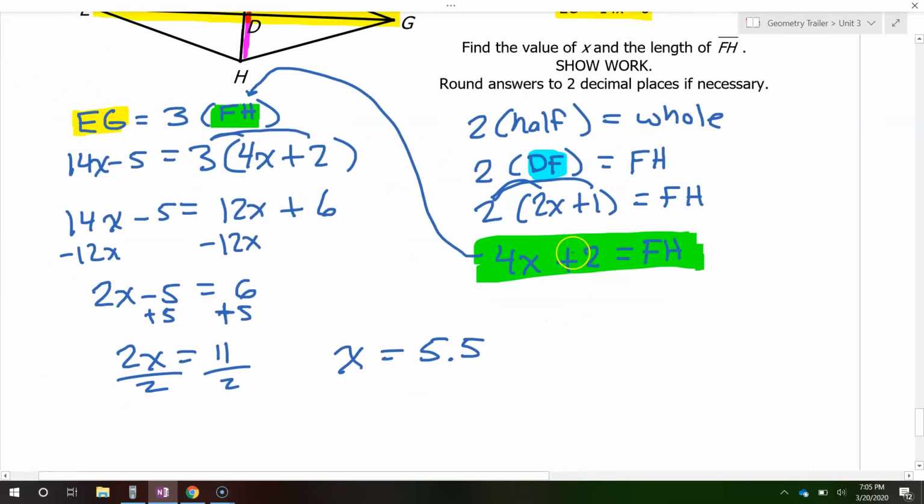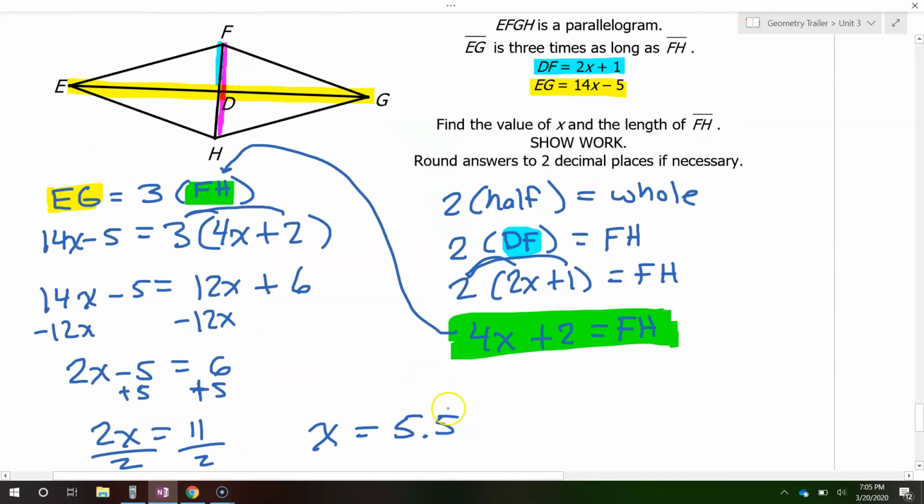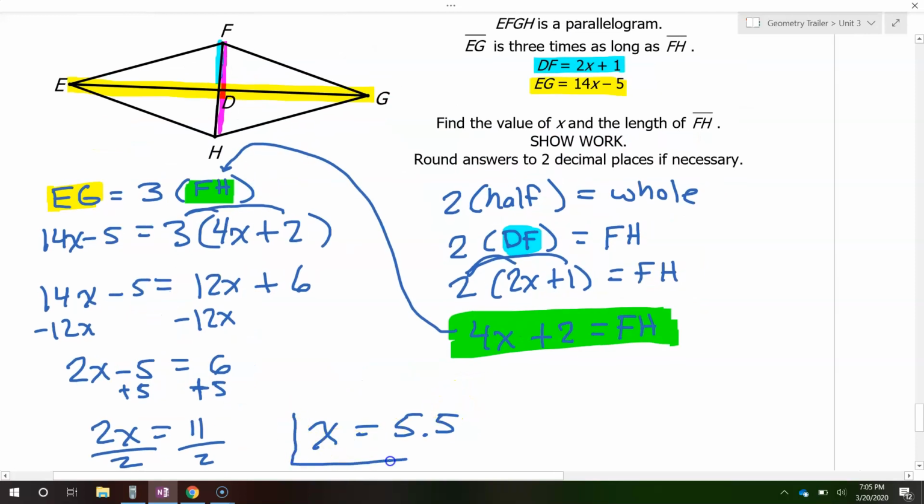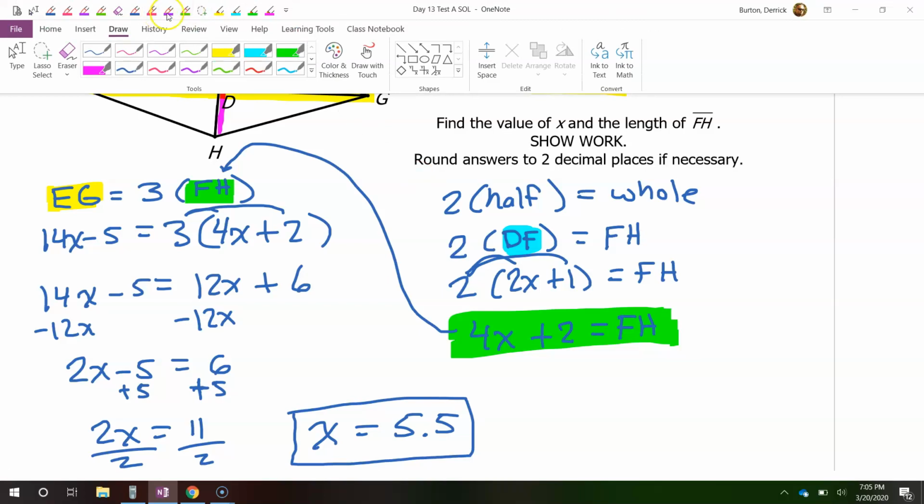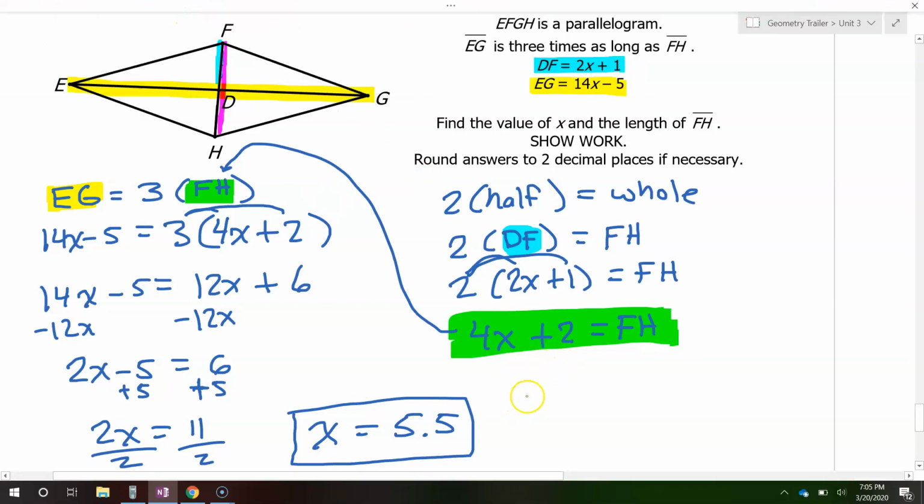Okay, so we're supposed to find the value of x and the length of FH. Did they give us lines to plug into? No. So we found the value of x. All right, so far so good. But now we're supposed to find the length of FH. But we remember FH is 4x plus 2. So that means FH should equal 4 times 5.5 plus 2.